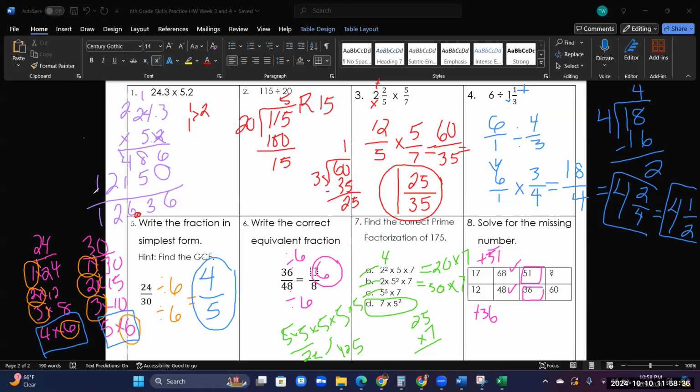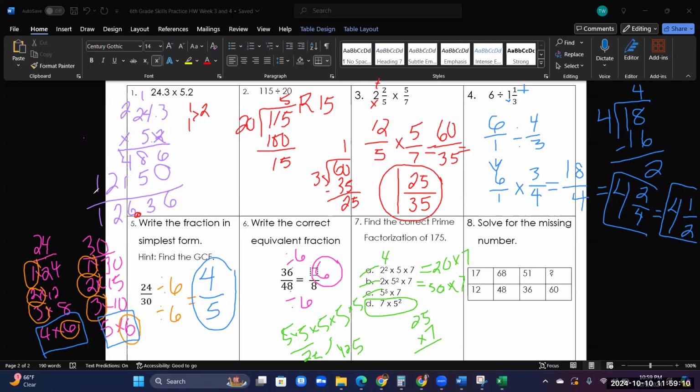Let's see. 36 plus 24 is 60. Just again, it's weird. It could work, but it won't tell us how we got that missing number.